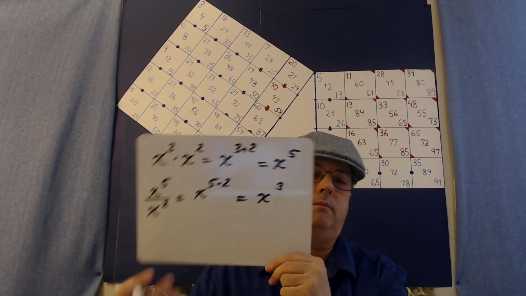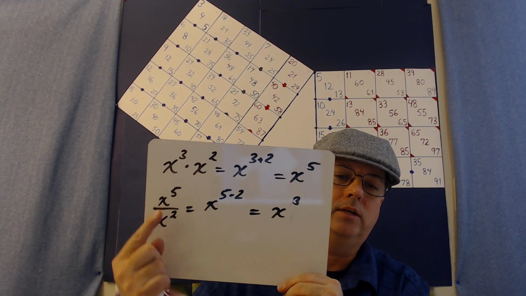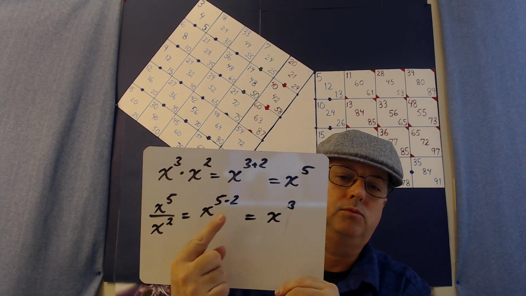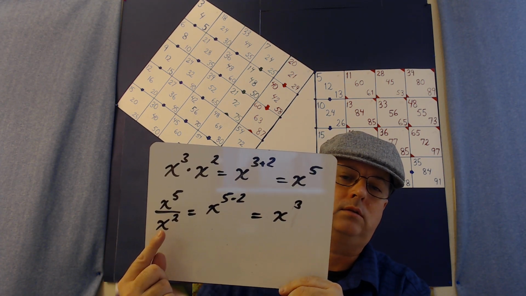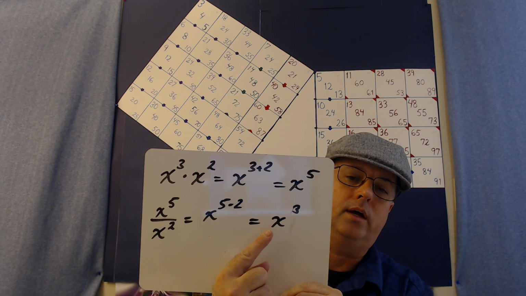And then if I have 5 x's and I divide out 2 of them, I can subtract those and get back to x to the third. So when I'm dividing and the bases are the same, I subtract the exponents. 5 x's, divide out 2 of the x's, leaves me with 3 of the x's.